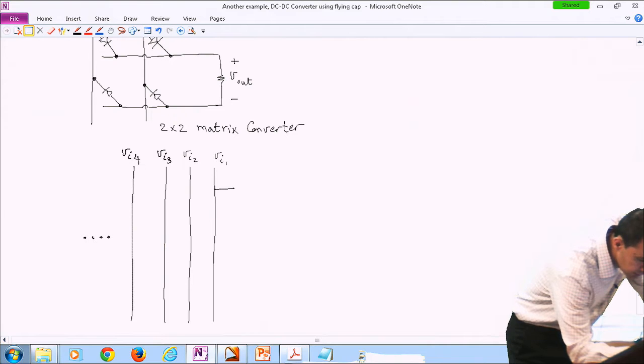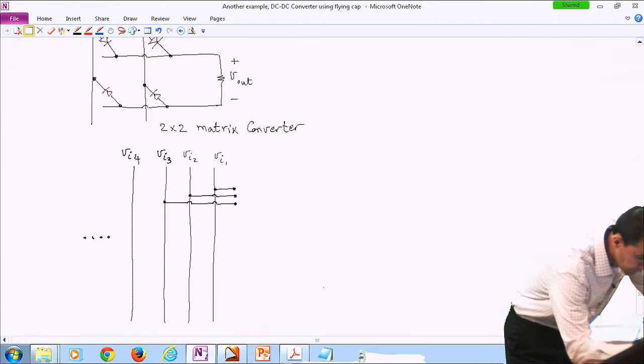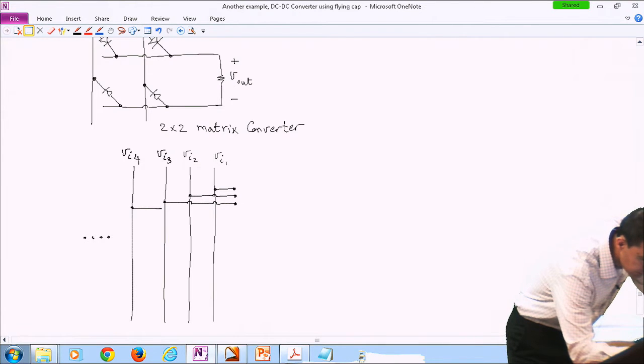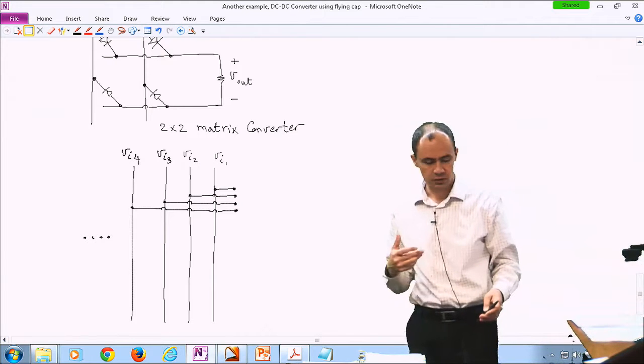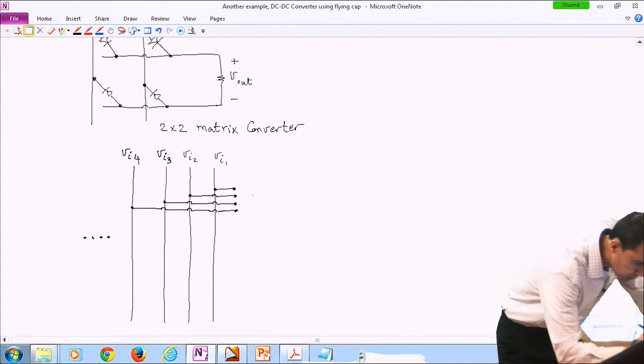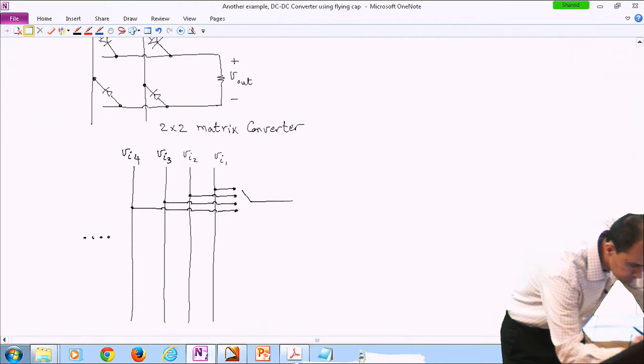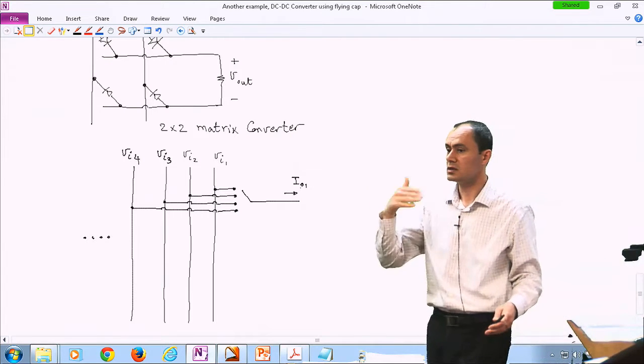And then technically you have switches that have so many throws but only one pole, to select between these lines.